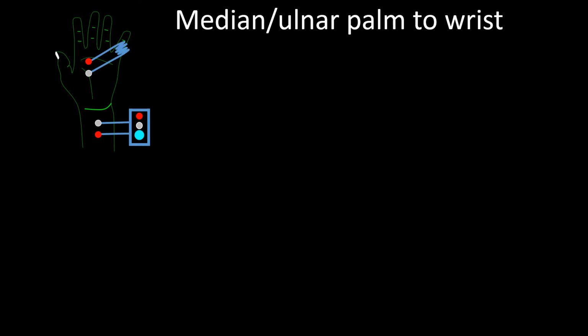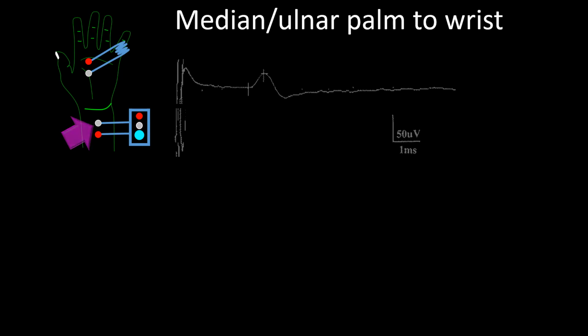This test is different because of the short distance between the stimulating cathode and E1. It tests orthodromic conduction, and the test fibers include the rapidly conducting muscle spindle fibers. Stimulation is done at the palm between the second and the third metacarpals, with E1 placed proximally above the wrist. The latency to this potential is short.